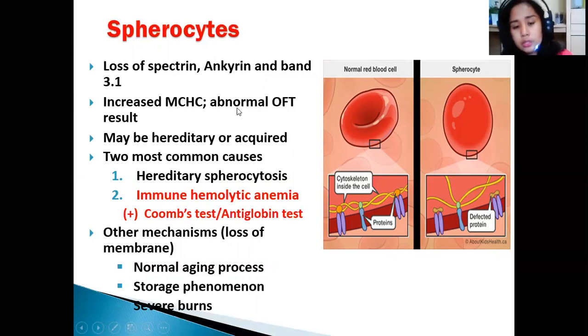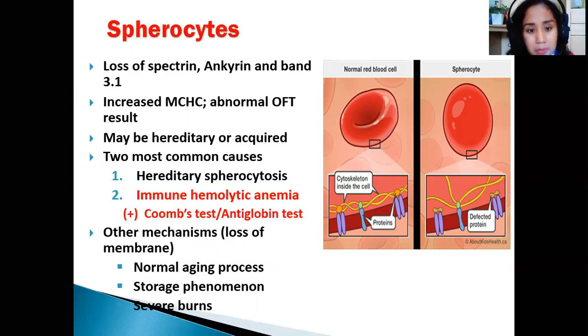And it will result in an abnormal osmotic fragility result. Class, this means spherocytes are very fragile. If you expose them to a hypotonic solution, they will easily lyse.